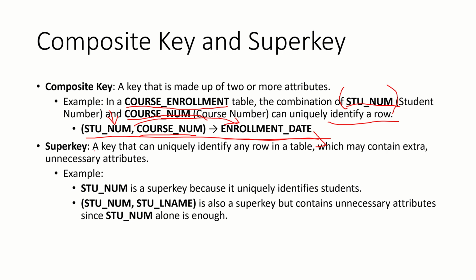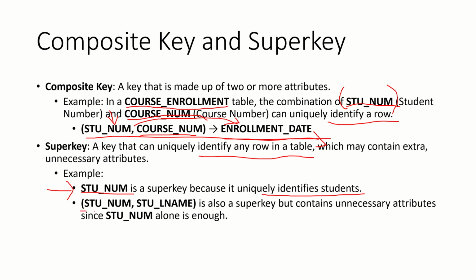Okay, the super key means this key can potentially uniquely identify any row of the table, but it may contain some extra unnecessary attributes. For example, for the student table, as we said, the student's number is enough to be a key to identify the student.